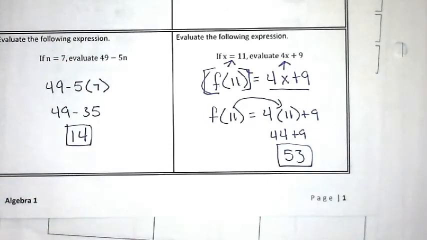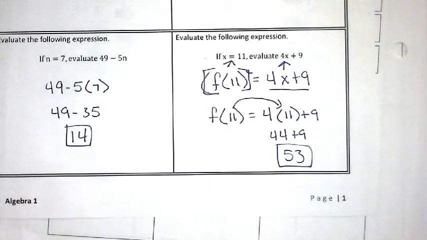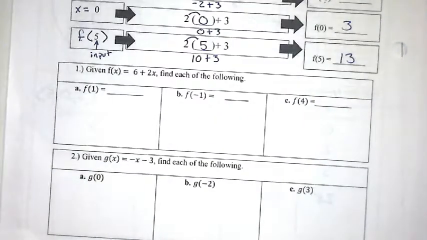All you're doing is substituting and simplifying. That's it. You've been doing that since ocho grade. That was terrible Spanglish. You've been doing that since 8th grade. Substituting and solving.